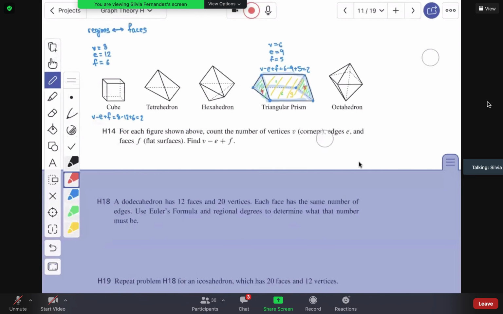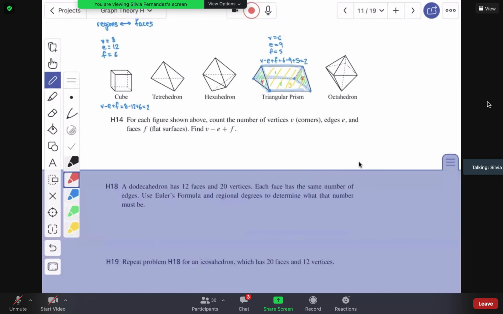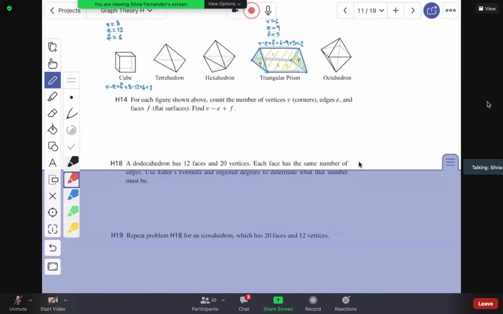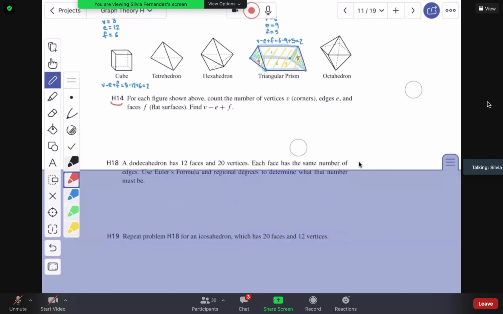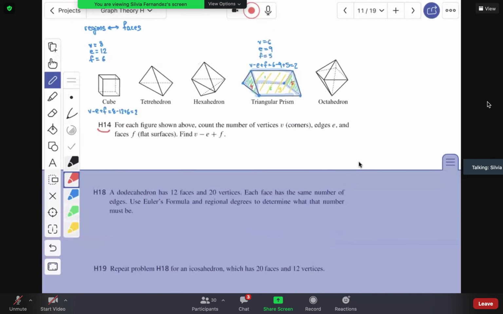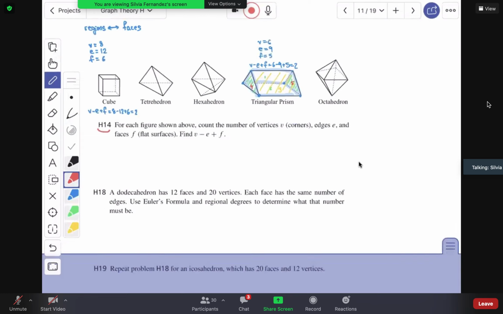Okay. So you can try and just double check that all of them are 2s. That's number 14. More interesting, I think, is number 18, where they don't really give you a picture. You don't have to count. What you have to do is figure out something about the figure.